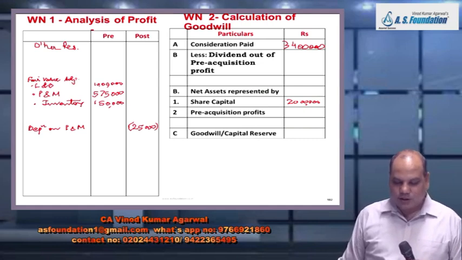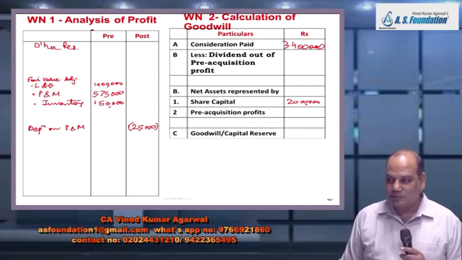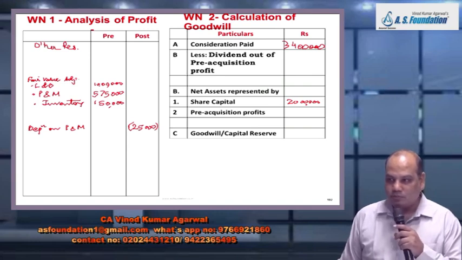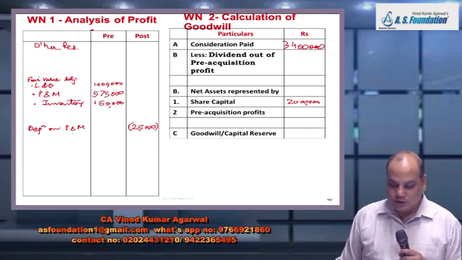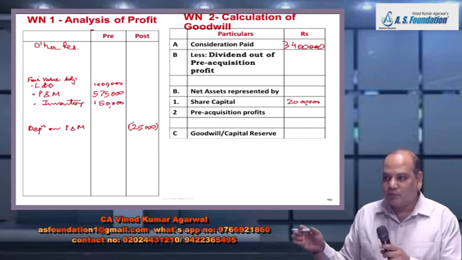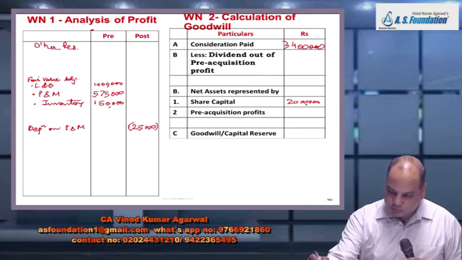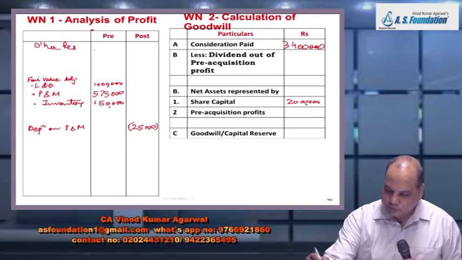No comment on other reserve of subsidiaries given in the problem. So we will assume it is brought forward from previous year. And if it is brought forward from previous year, then it is pre-acquisition because shares were acquired on 1st October. So write down 10 lakh here.